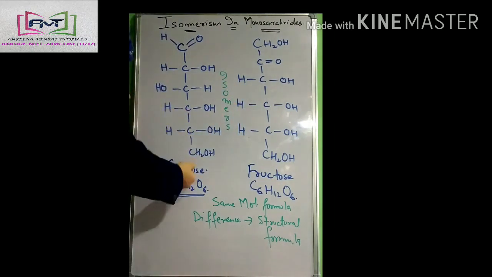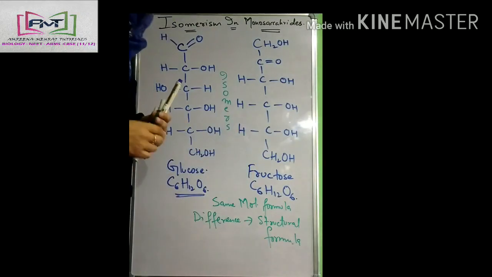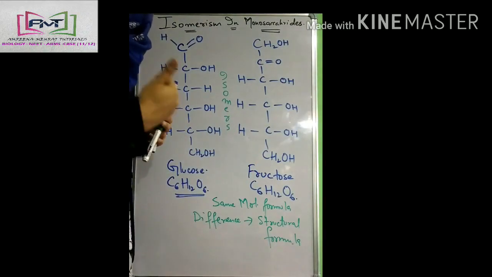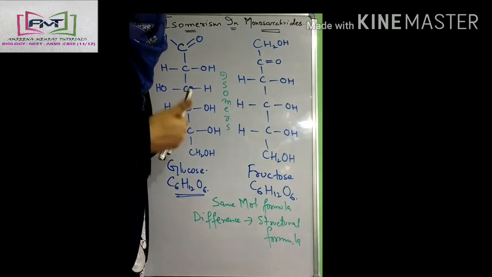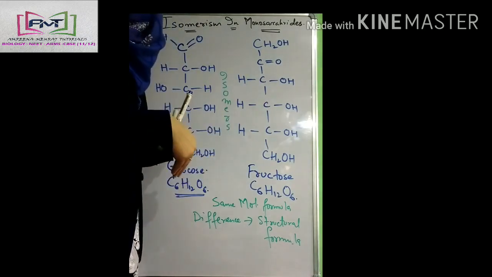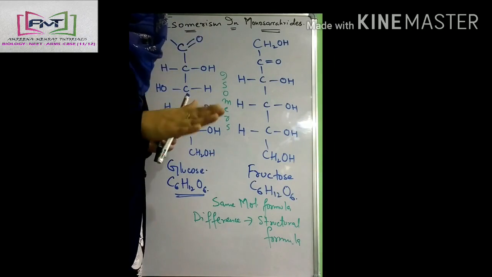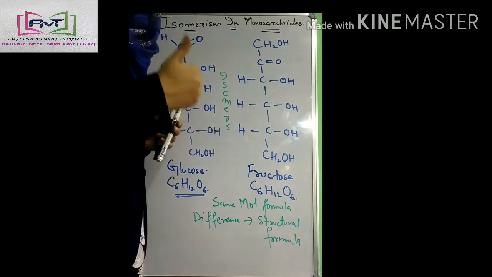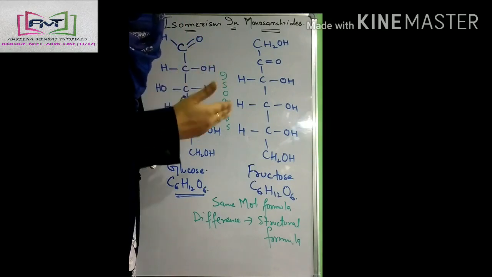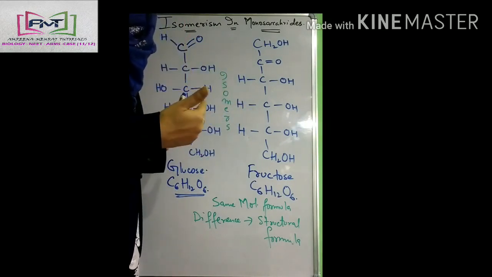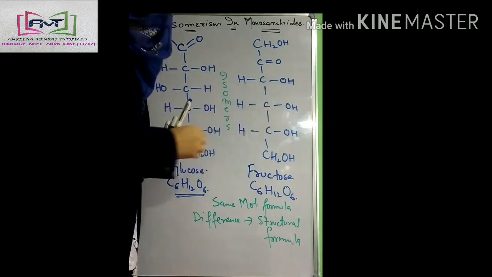So we can call glucose and fructose isomers of each other. Now there are different categories of isomerism. Isomers could be of different categories. You have to understand about them. So isomers are molecules which have the same molecular formula but different structural formula, and this phenomenon is called isomerism.